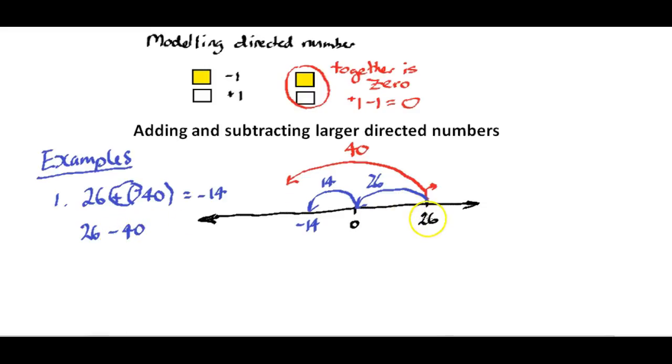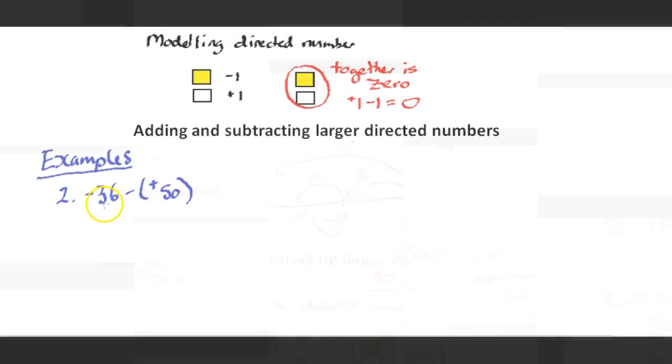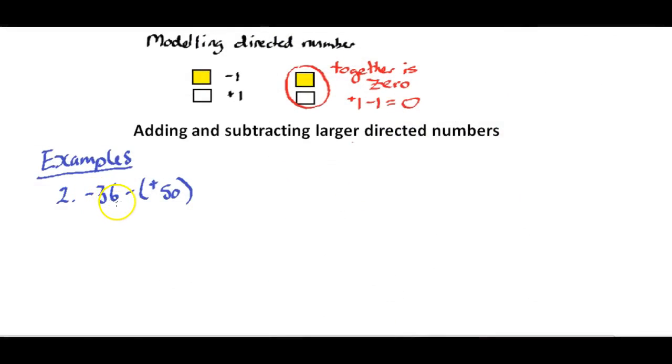And you can see then I could start at 26 and face the negative direction because I'm subtracting, and I'm going to go 40 and I get to my same answer. So that's a shortcut. If I've got a plus and a minus together, I can replace them with a minus.